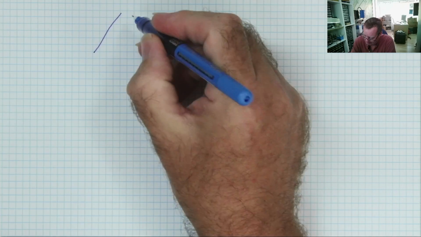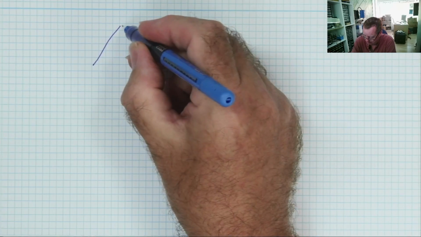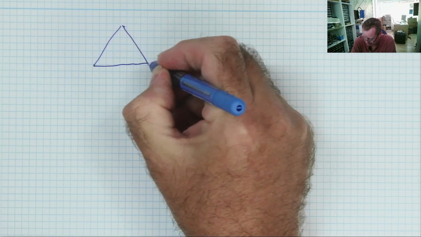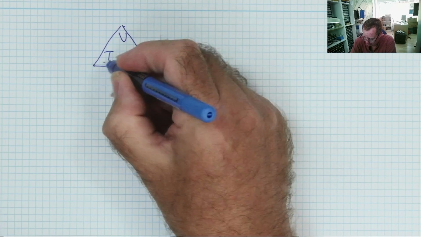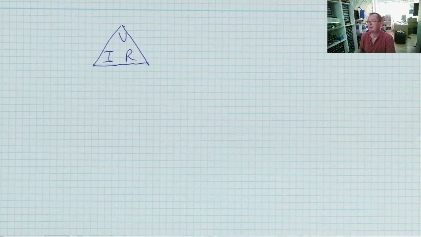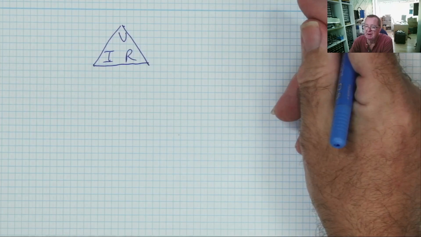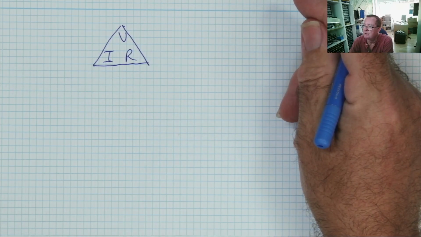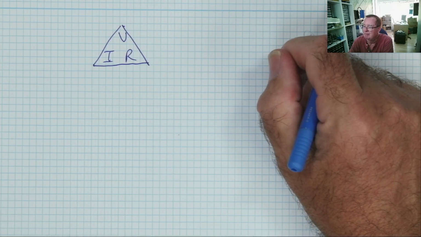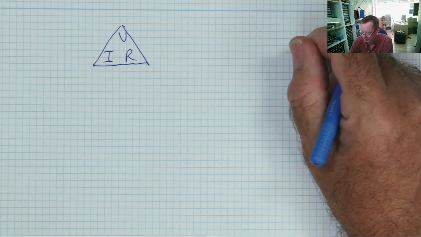And this comes down really to the fact there are two ways to measure a resistance. That's because we have Ohm's law, which we'll put in the triangle: voltage, current, resistance. The reason we put it in the triangle like this is because if we want to know how to calculate one, we put our finger over it and it shows us the formula.